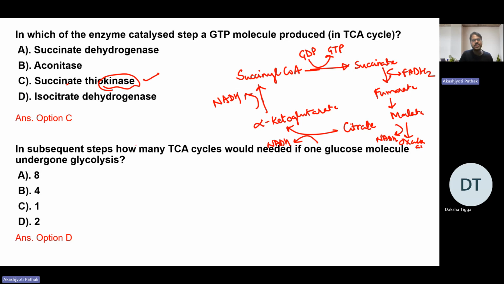In subsequent steps, how many TCA cycles would be needed if one glucose molecule undergoes glycolysis? One glucose molecule undergoing glycolysis will give you two molecules of pyruvate.